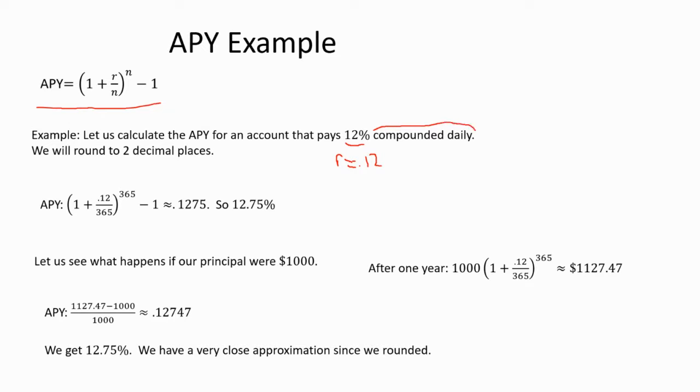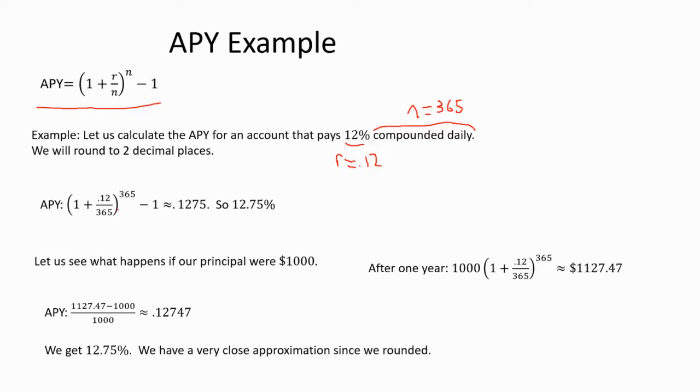Compounded daily, well, that tells us what N is. That's how often it's compounded in 1 year. So daily, what does that tell us? 365. So N is 365.